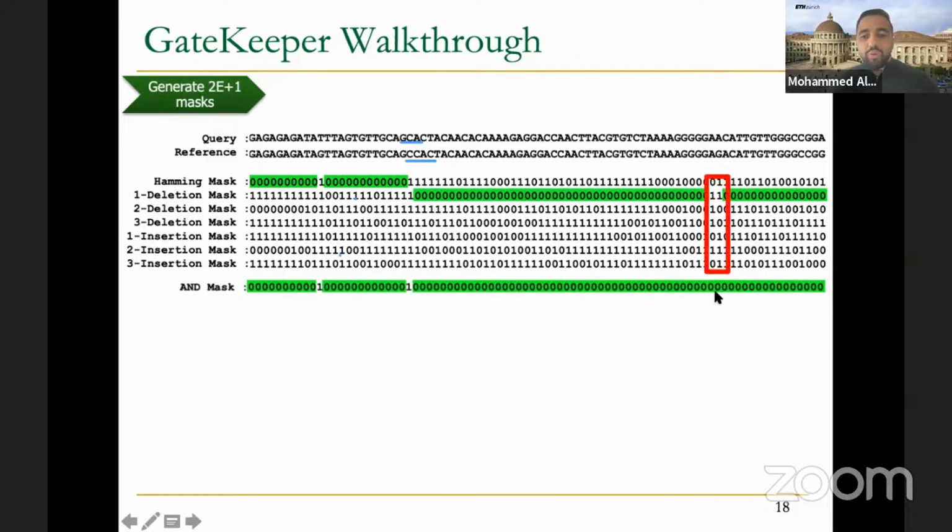However, when we do the AND operation, we have a little problem here: whenever we have a zero somewhere, it will always dominate because we have the AND operation, remember? It always dominates and cancels any one. And remember, these ones represent the differences between the two sequences. So if you have a zero, that will cancel the ones, then you will have fewer ones. And that might cause what we call a false positive or false accept.